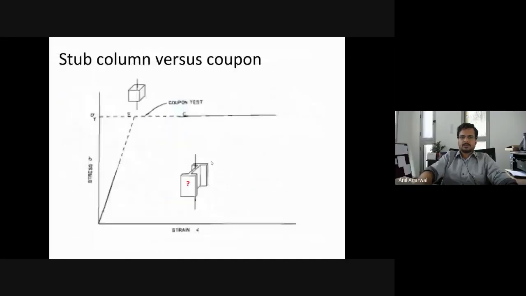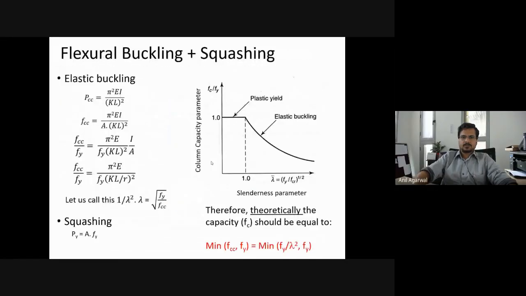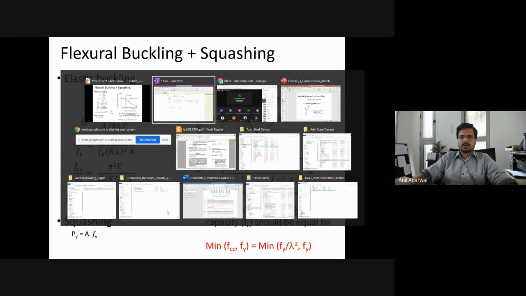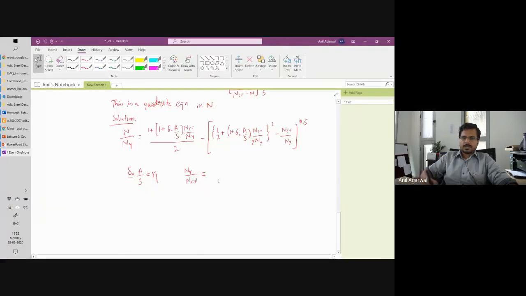Yes, lambda squared. Lambda squared was equal to Fy by F critical, or Fcr, whatever. So that is lambda squared. This eta is a cross section property multiplied by the maximum imperfection value.